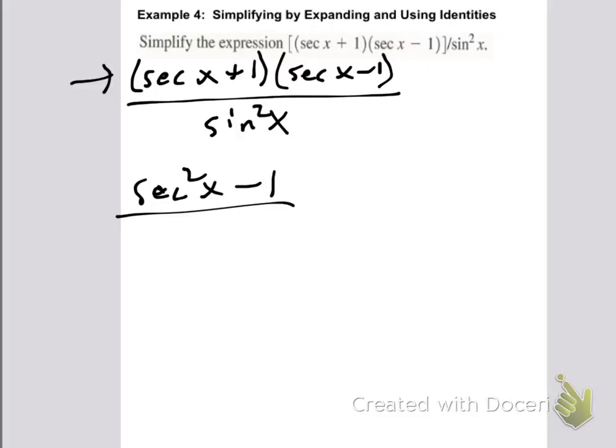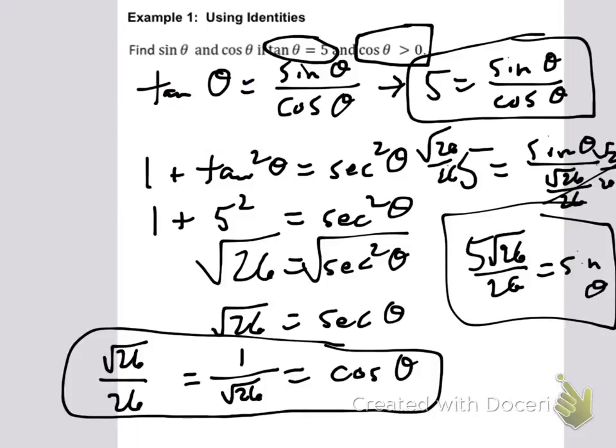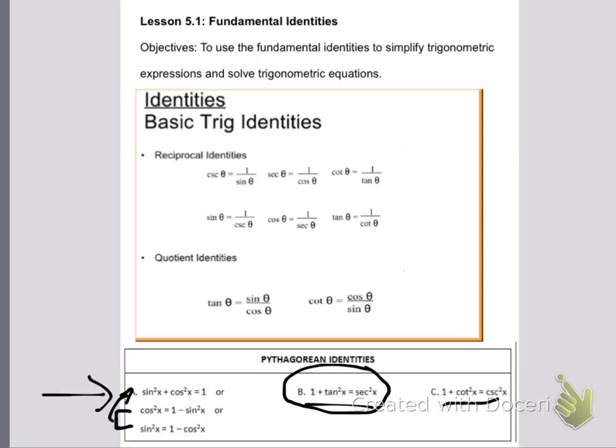Now again, secant squared x minus 1. If I go back to the Pythagorean identities, I have secant squared right in there.